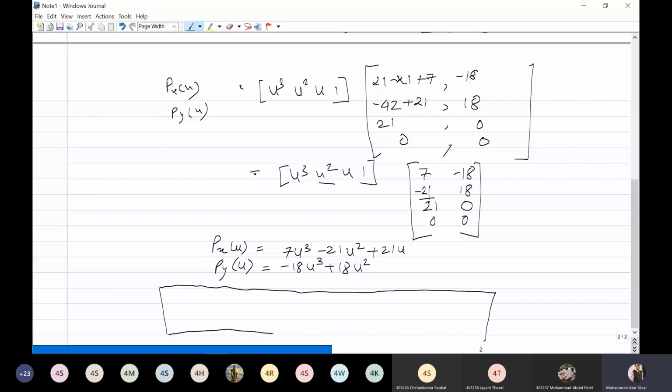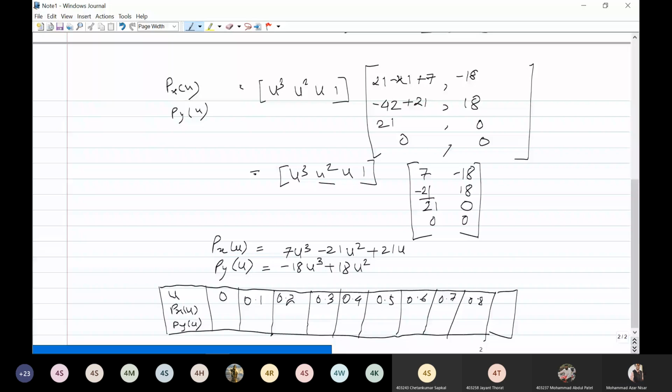Then the columns will be u, Px of u, Py of u. For u you have to find out for 0, then 0.1, 0.2, 0.3, 0.4, 0.5, 0.6, 0.7, 0.8, 0.9, and 1.